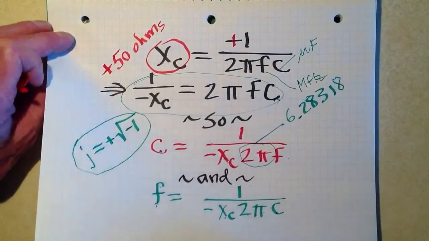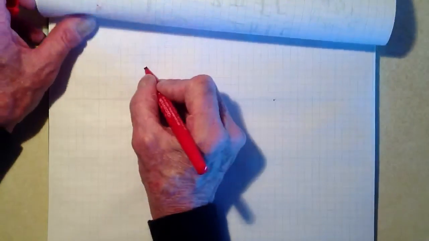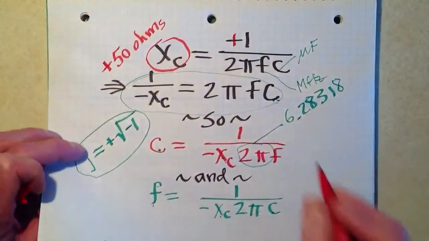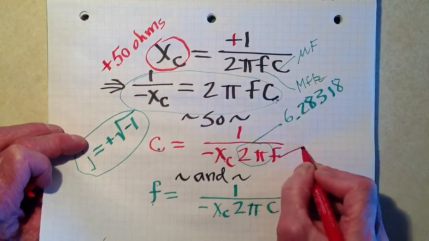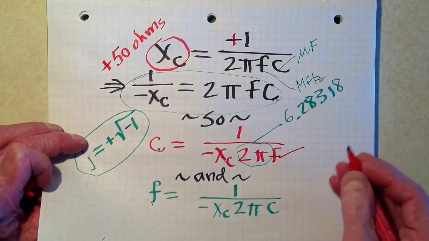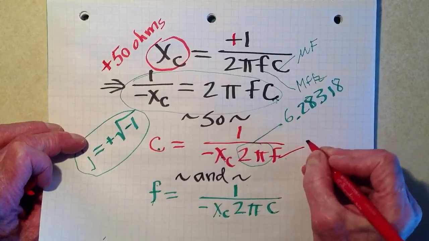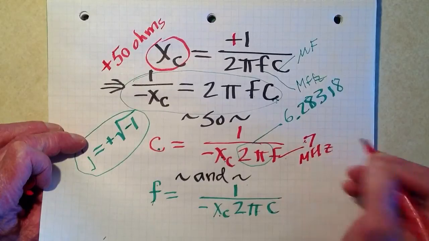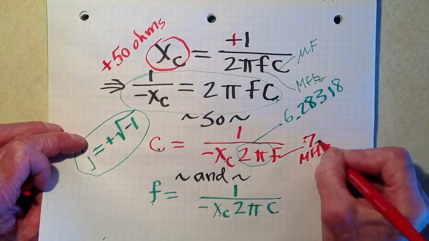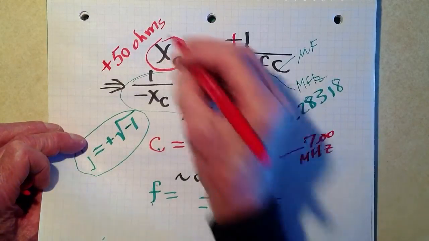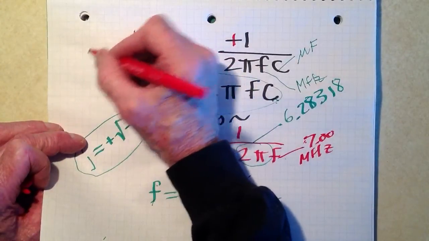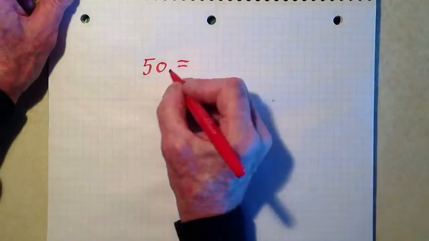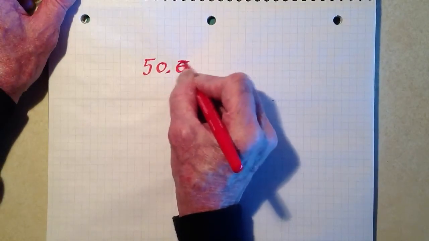So let's say, for the sake of argument, that we have a frequency of, I don't know, let's make it 7.00 megahertz, just to be a little different, and we want 50.0 ohms, that's good enough.